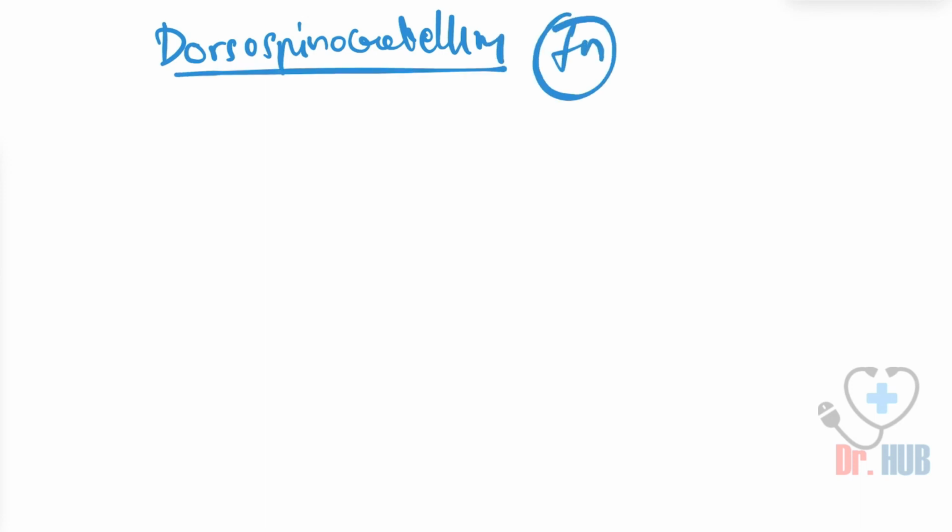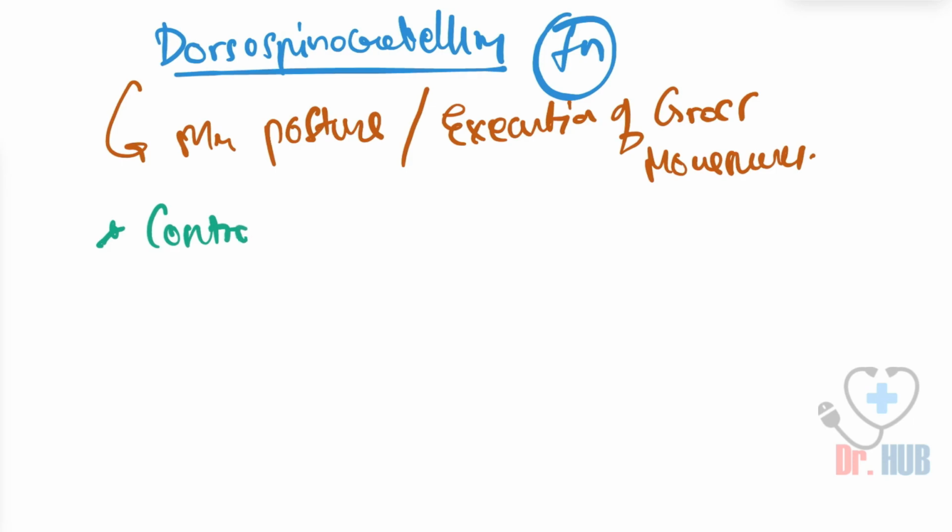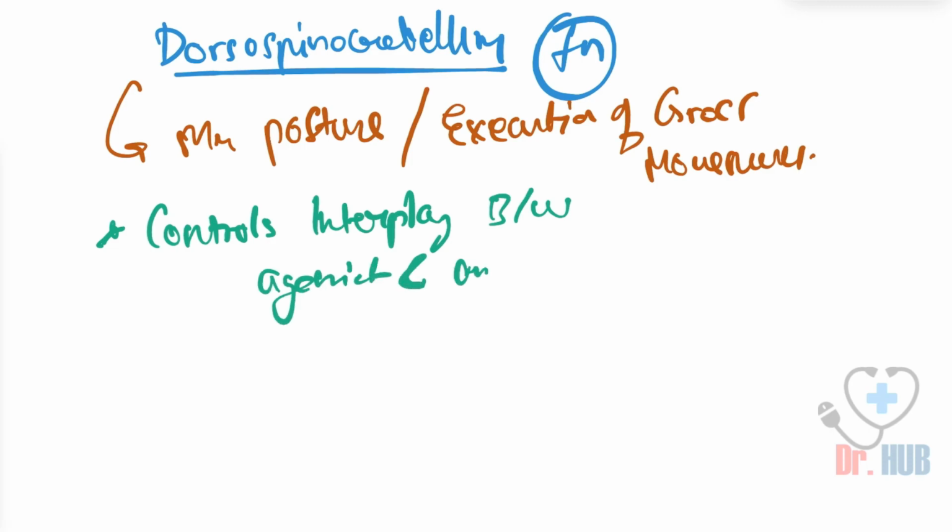So the function is that it maintains the posture, helps in the execution of the gross movements. Then it also controls the interplay between the agonist and the antagonist group of muscles.